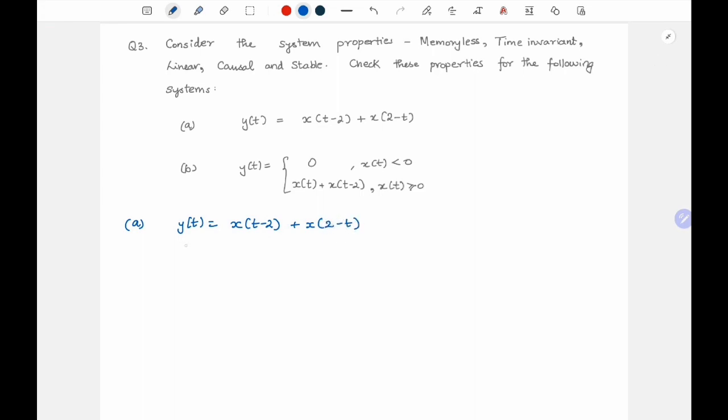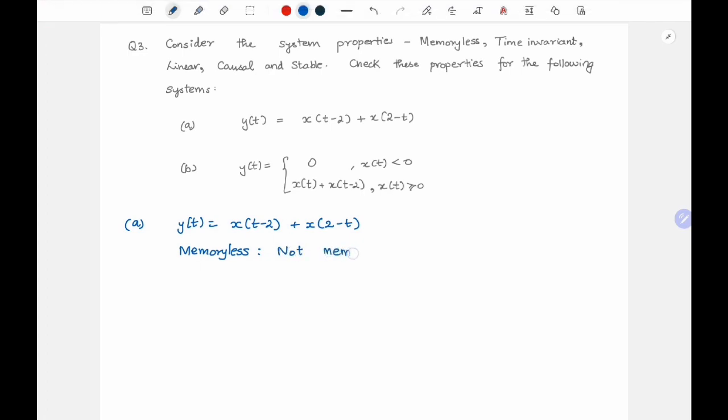So first let us check for memoryless. It is very easy, right? Since y of t depends on other time instances than x of t itself, it is not memoryless, correct?